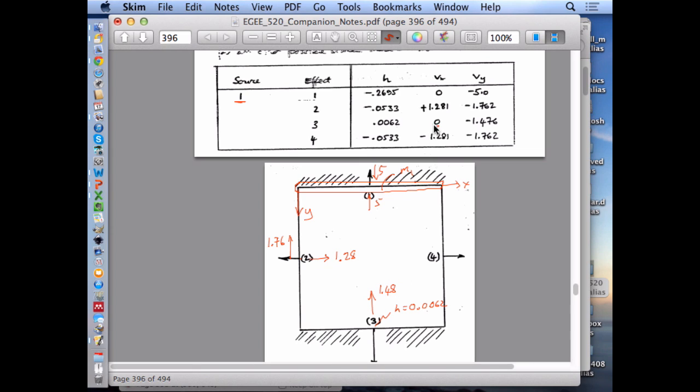And of course, there's no y velocity because there's a symmetry line that comes down through here. And if you didn't do these calculations for 4, just from symmetry, you'd be able to figure out this should be 1.76, and this should be 1.28. And this particular head is equal to minus 0.27.